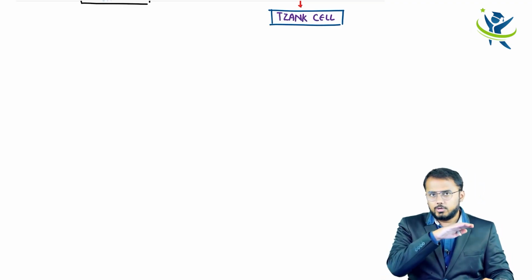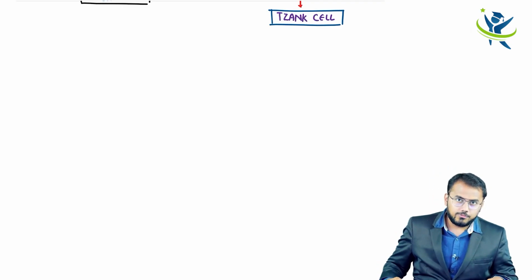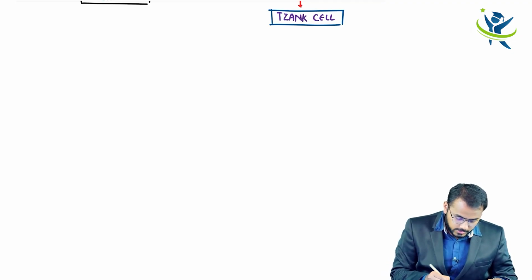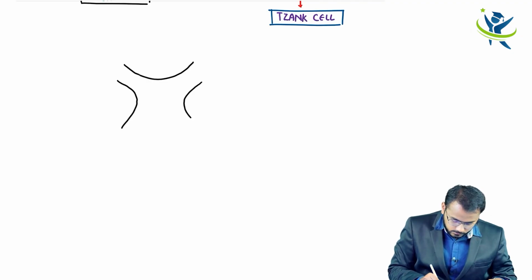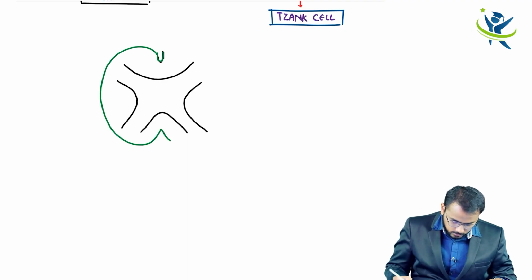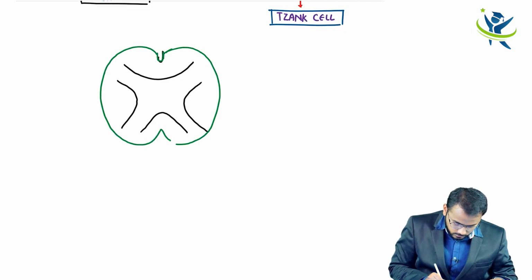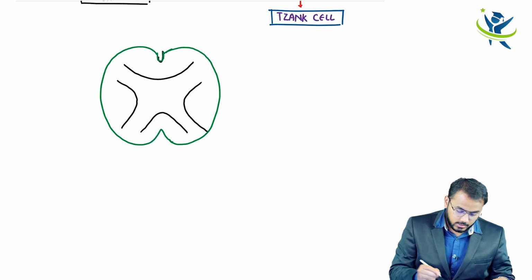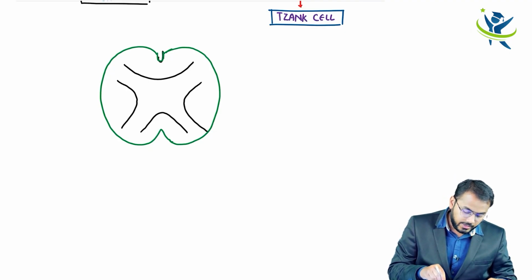In the spinal cord, when you take the cut section, all of you know this is how your spinal cord looks. In this cut section, if you examine clearly, you can find a few important things.